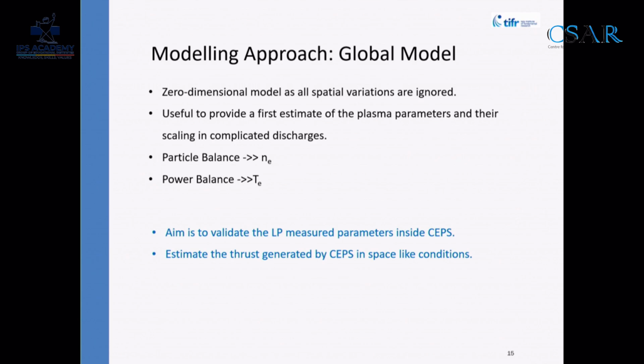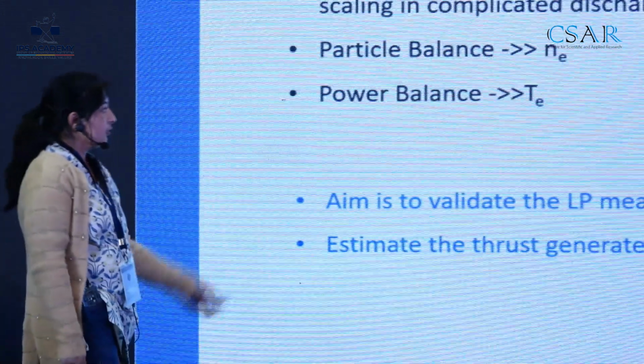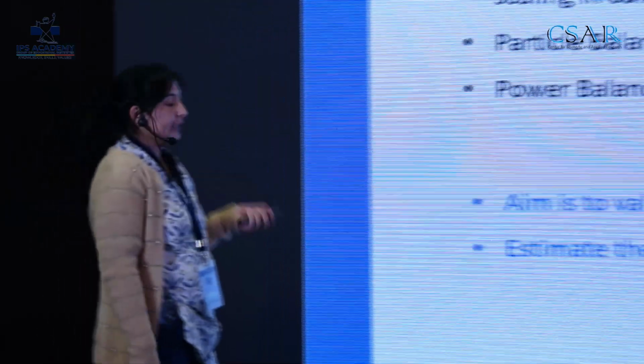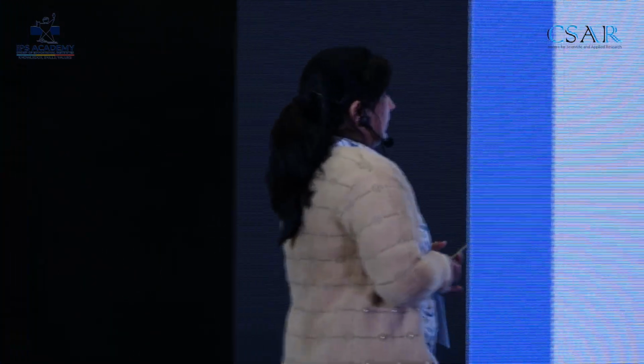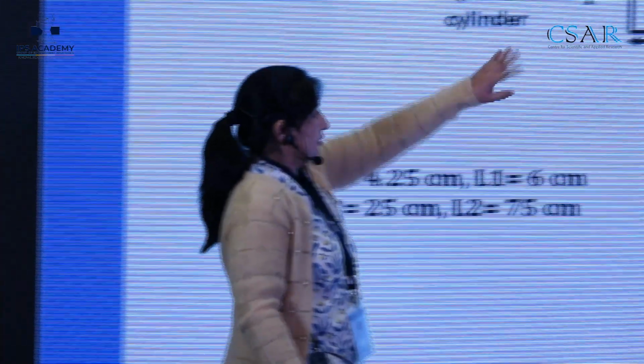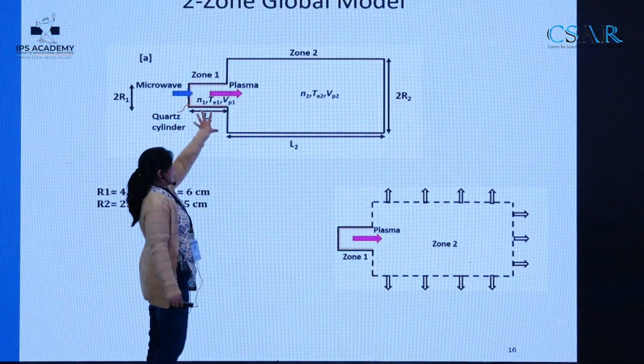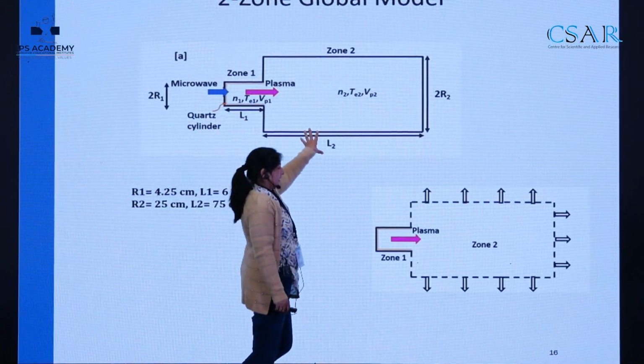Though the system contains a magnetic field, we ignored it because the magnetic field introduces anisotropy, but we are using the global model, so we ignore the magnetic field's role there. What we do is take particle balance equations to estimate the density and power balance equations to estimate the temperatures. So here is the schematic. We divided this geometry into 2 zones. Zone 1 is the source region, zone 2 is the expansion region.